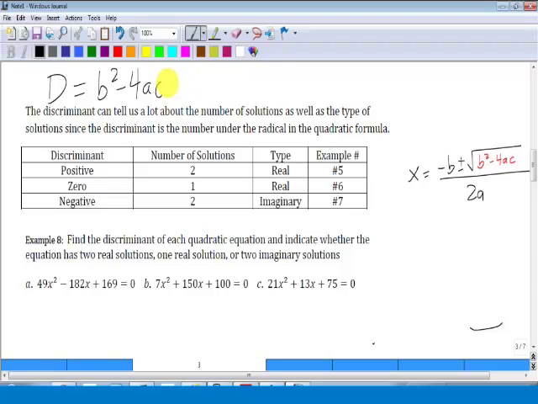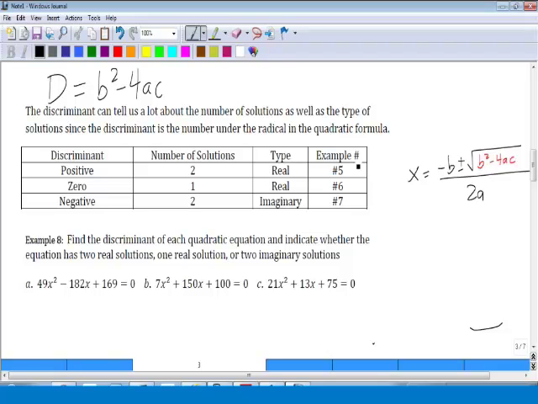That number is going to be either a positive number or a 0 or a negative number, and the sign of that number tells whether the quadratic equation has two real solutions, just one real solution, or no real solutions at all, in which case it will have two imaginary solutions that are complex conjugates of each other.